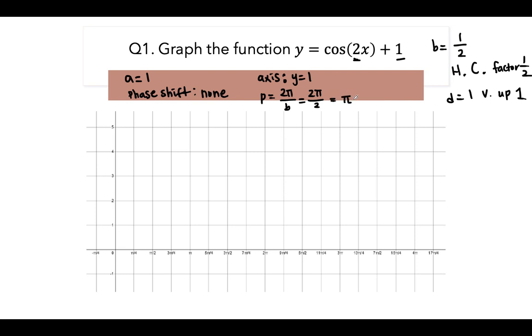Therefore, my period is going to be pi. First, I'm going to draw the parent function, which is cosine. For cosine, we have 1, pi over 2 is 0, pi is -1. So this is my parent function of just cosine.